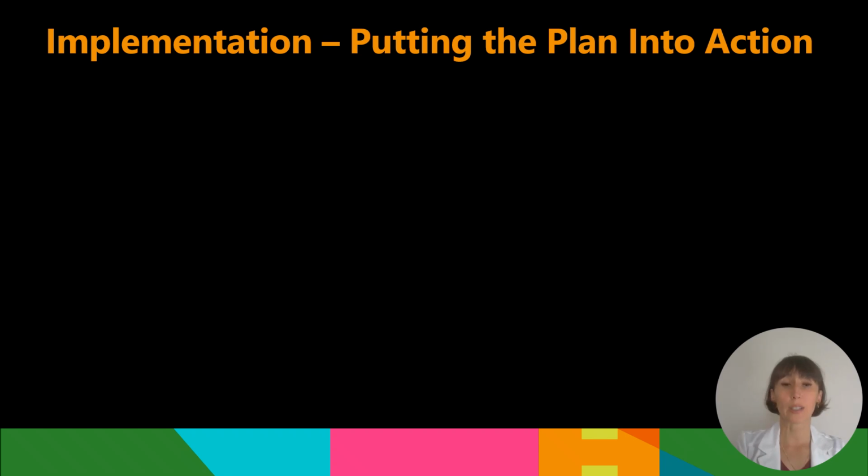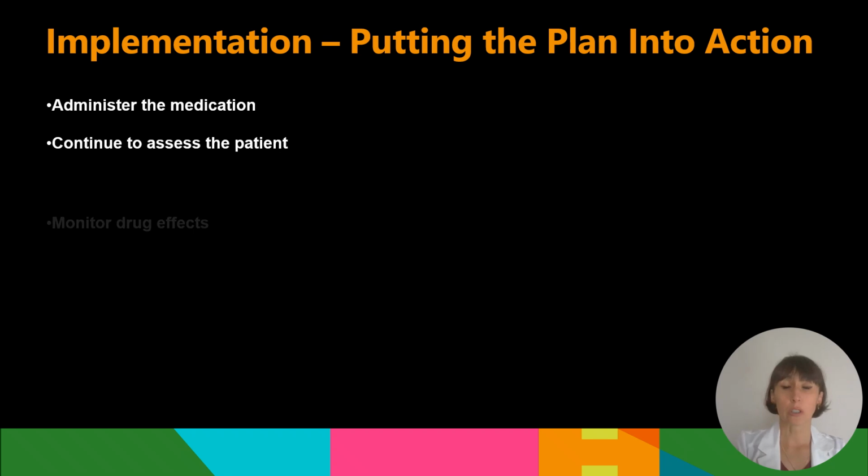Now we move to the next step of nursing process, the implementation. This is where the plan comes alive and medications are actually administered. Implementation includes several responsibilities: administering medication safely, continuing to assess the patient for changes in condition, monitoring drug effects, both therapeutic and adverse effects must be monitored, carrying out all interventions that were developed in the planning phase.